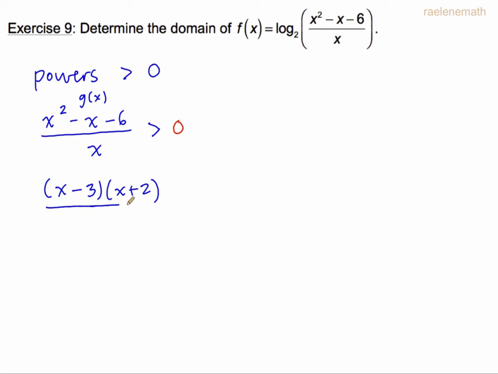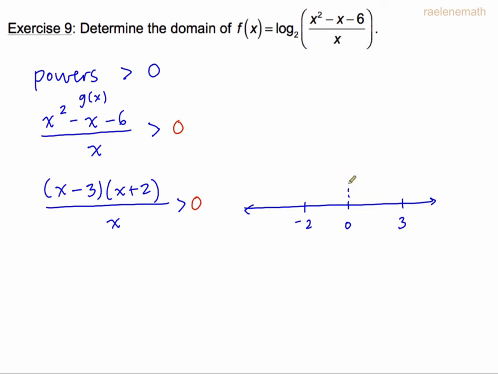Now, I don't really need the whole graph. I just need to know what x values make the height of the g of x rational function positive. And so for that, I can use a sign chart. In my sign chart, I'm going to put all of the factors that I've gotten. I'm going to put all of the roots. So I've got a root of -2, I've got a root of 0, and I've got a root of 3.